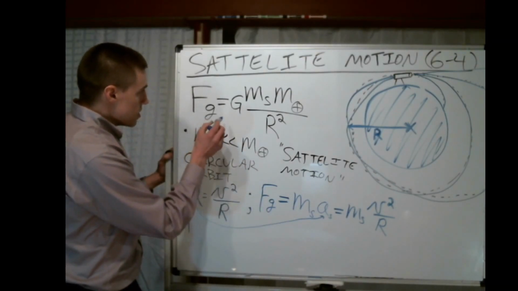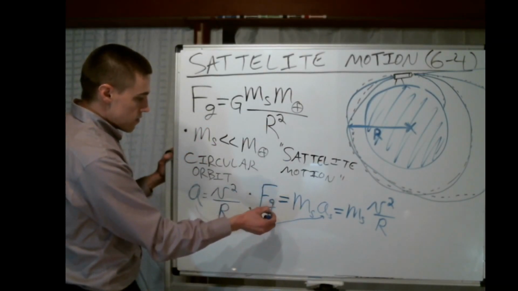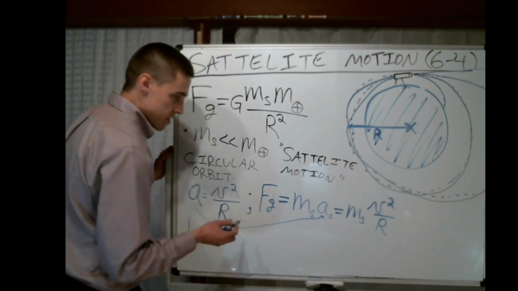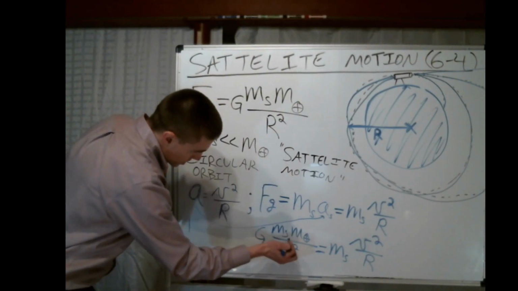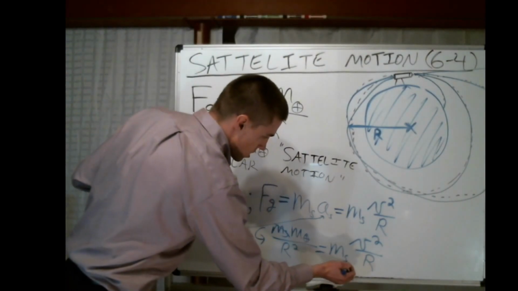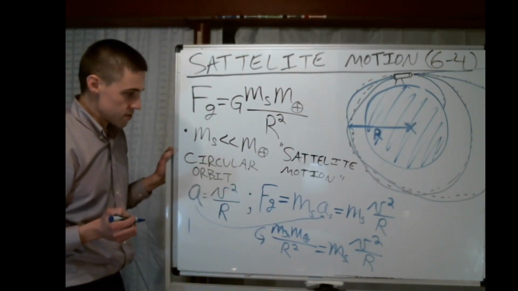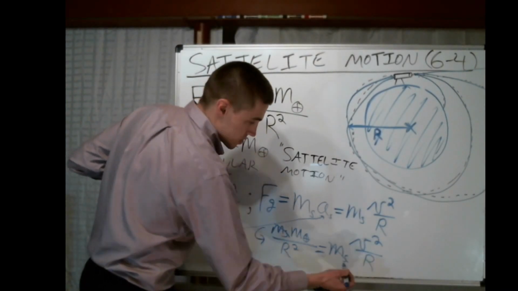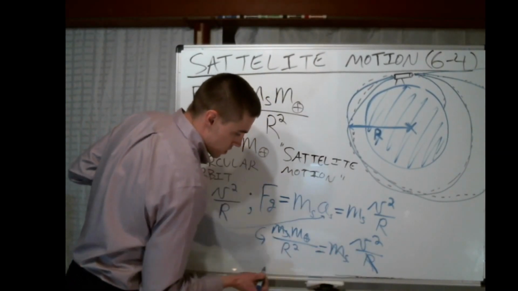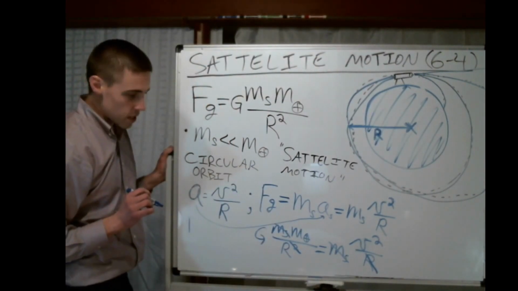I can plug in Newton's law of universal gravitation on the left-hand side here, and you'll notice I can cancel out the mass of the satellite on either side. I can multiply by r on both sides of this equation, get rid of the square there.